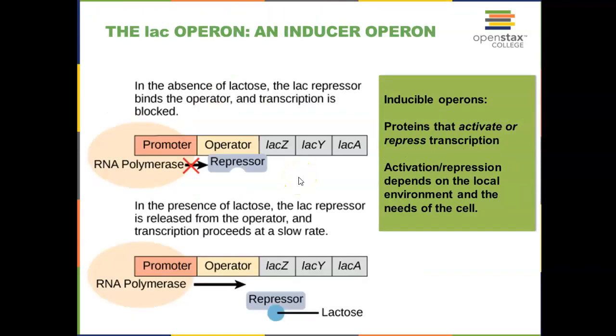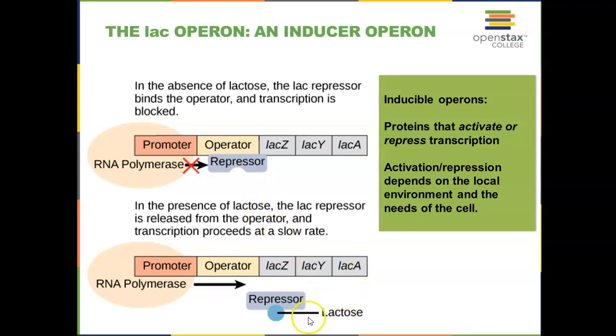All right. Additionally, there's a repressor at work right here, and the repressor, very much like the previous example with the trp operon, is a dimeric protein, so it has two different shapes. The active state, where it's bound to the operator, blocking it so that RNA polymerase can't push on through, and the inactive state, where it doesn't attach to the operator, and therefore the operon can be transcribed.